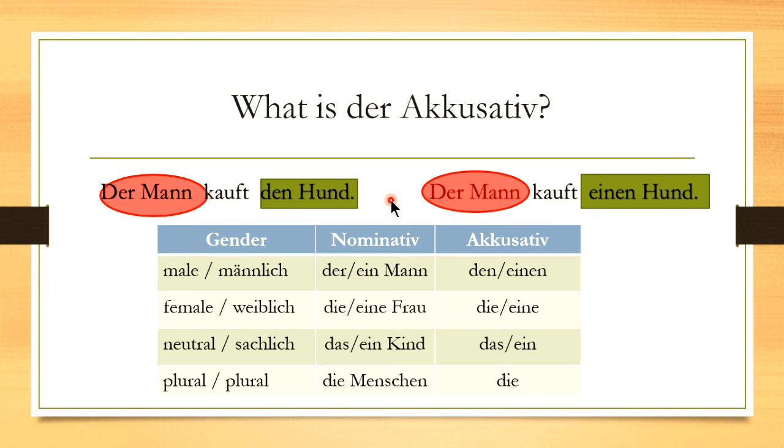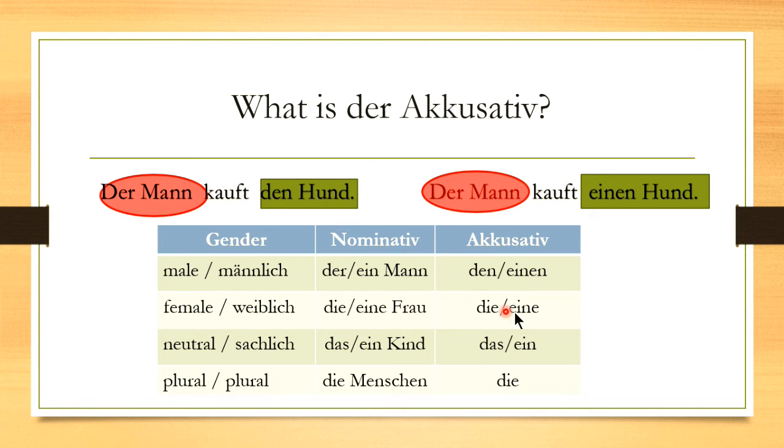For the articles, this means that the male changes from der to den, just like we see it up here, den. And in the indefinite, it changes from ein to einen. The good news for the accusative is that none of the other genders change. Only the male, or the männlich, changes.